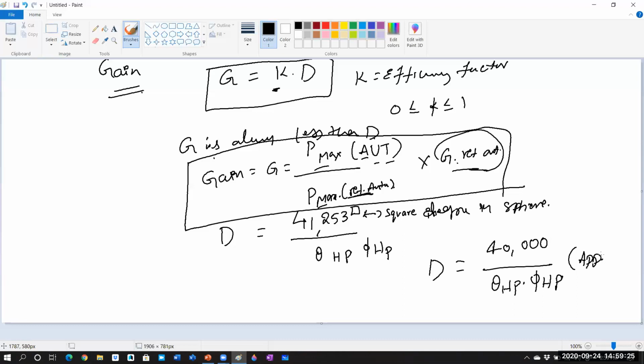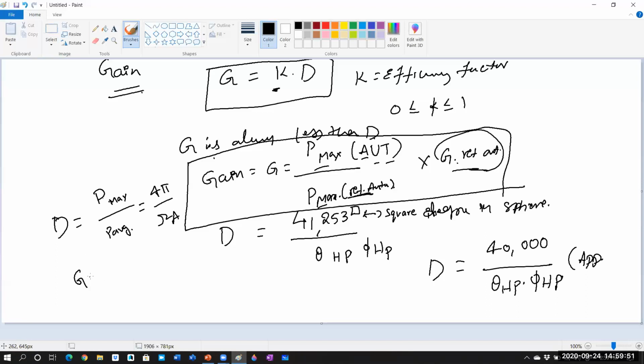So this is about the gain of the antenna, and the last one is the directivity of the antenna. Coming to the conclusion, directivity D is purely the ratio between the power density maximum value and the power density average value, and another formula is 4 pi divided by total beam area.